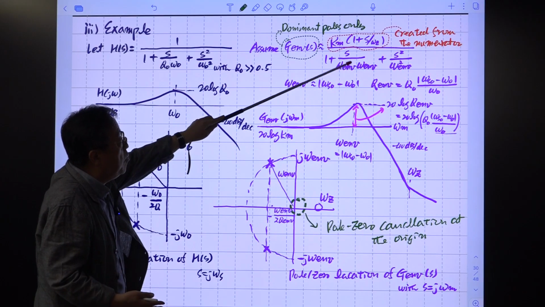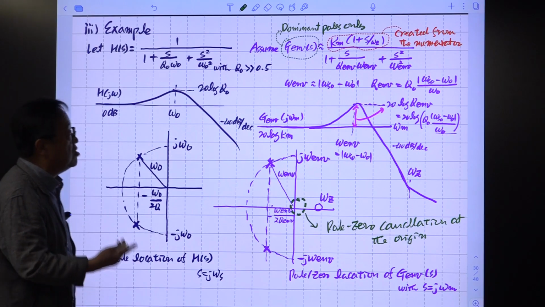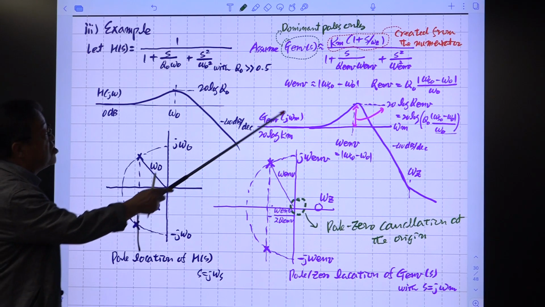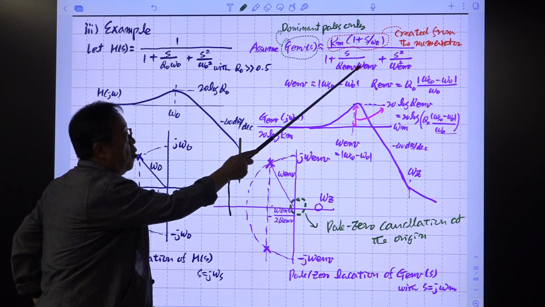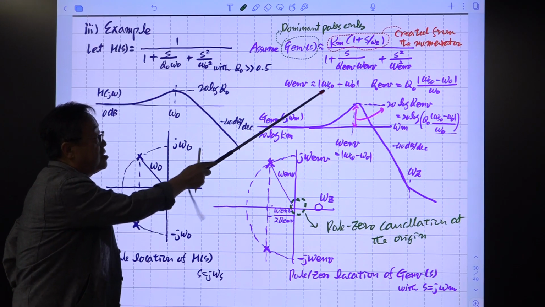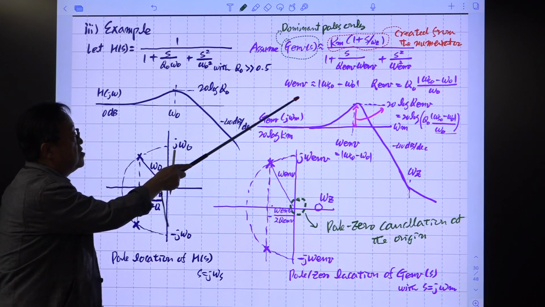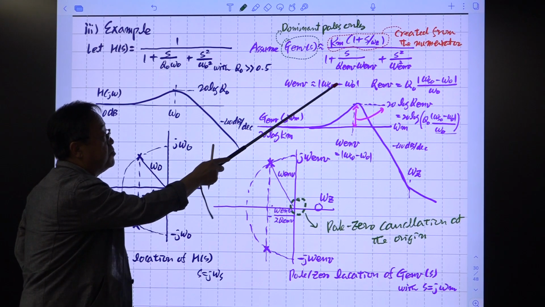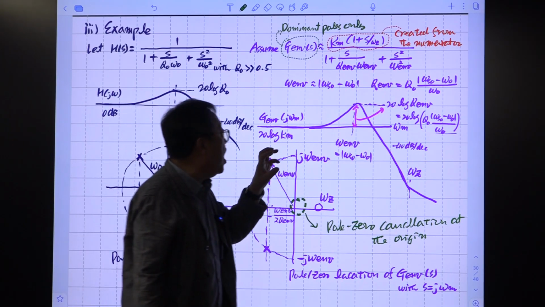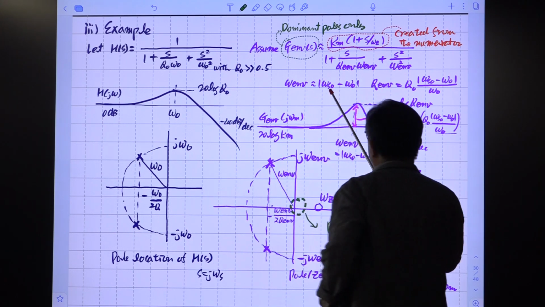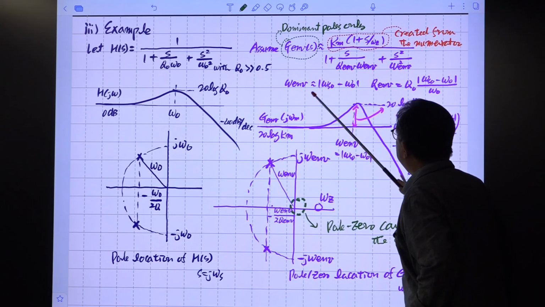So assume this comes from the numerator part, and the denominator part is this, right? So only this denominator has the poles. It has two poles, and the transfer function is this one, and this QENV and omega ENV are expressed like this. Okay, this omega ENV is the distance between this one and this one. Okay, so if the switching frequency omega s is larger than this one, you don't need this.